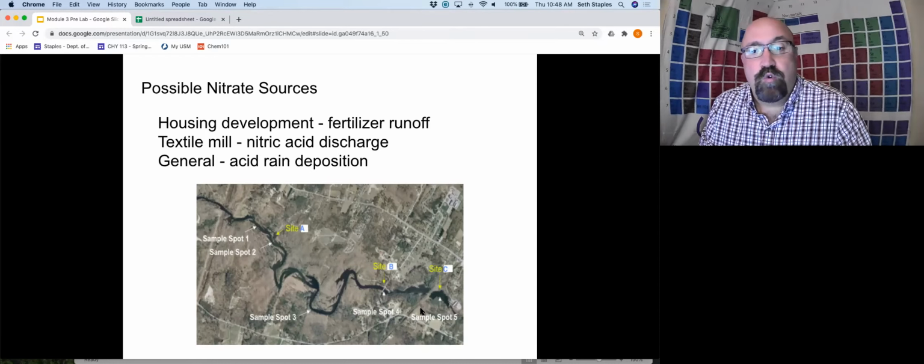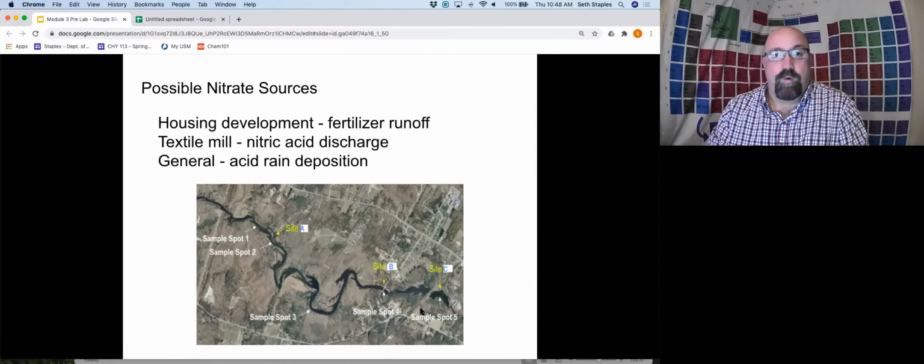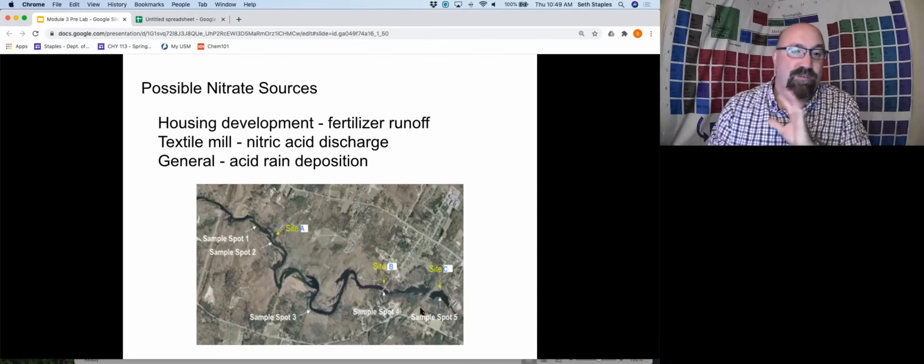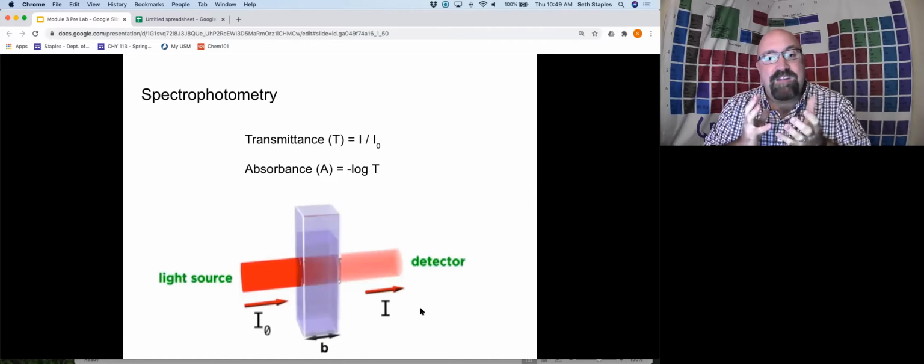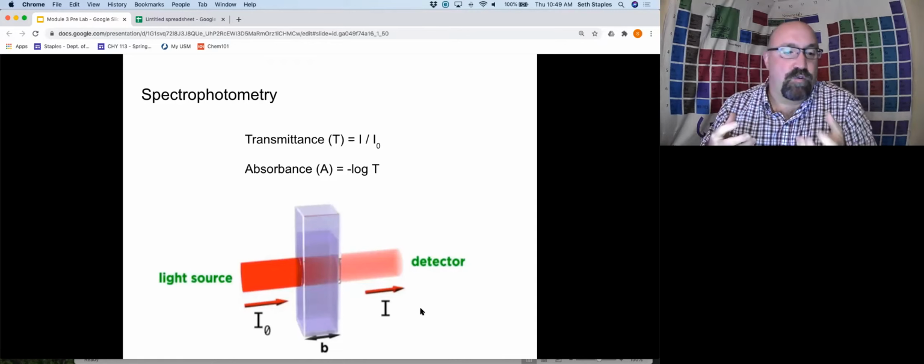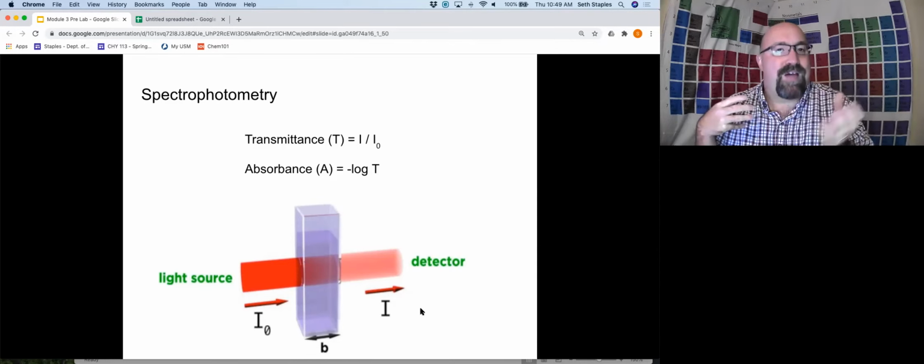In order to study nitrate levels, we're going to use a very common technique that is used throughout chemistry and really throughout science in general. We're going to use spectrophotometry. In a way, spectrophotometry is similar to turbidity when we measure that, in that the measurements rely on looking at the amount of light that passes through a sample.